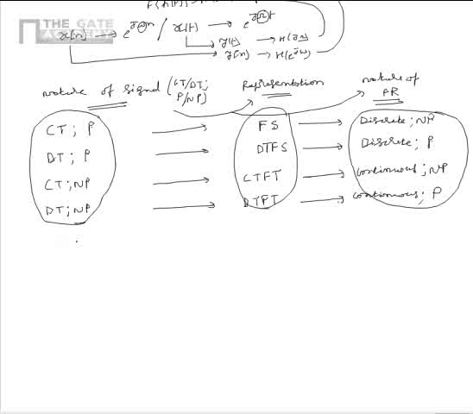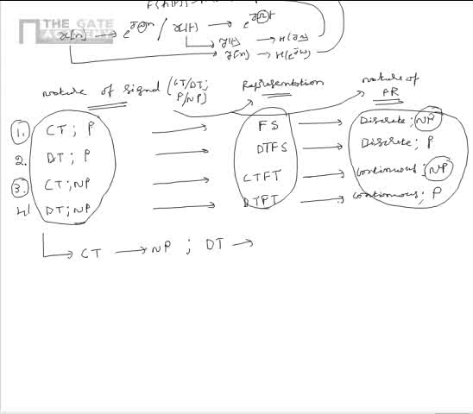So here we see that from the given table, if the signal is continuous time, that is it deals with cases 1 and 3, we see that the frequency domain representation is non-periodic. That is, we can say that continuous time signals have non-periodic frequency domain representation.